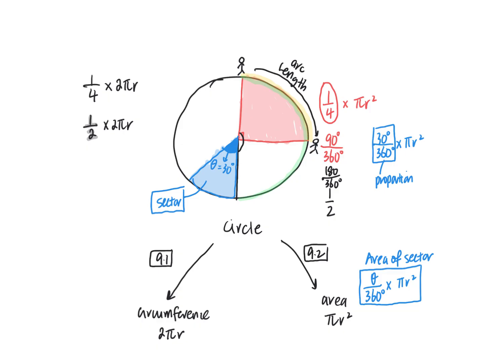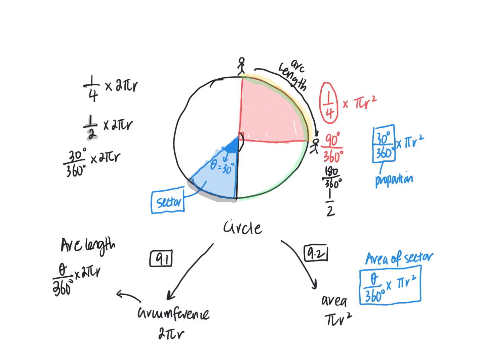If I'm only interested in running along this path, then I will use 30 degree out of 360 to multiply by the circumference of a circle. So 9.1 talks about this formula. This is called the arc length formula.